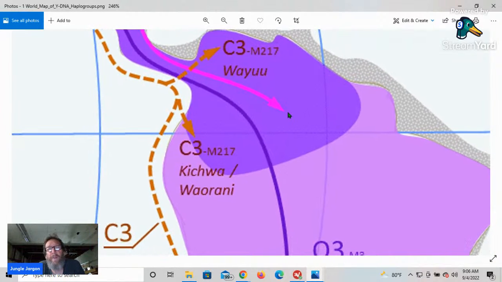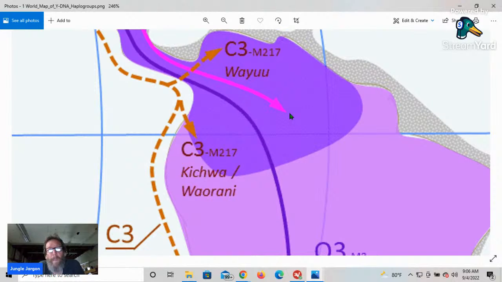And as a side note, this is where I'm from. I'm from 3 degrees below the equator right here. And that's where I was raised, on the Amazon River.